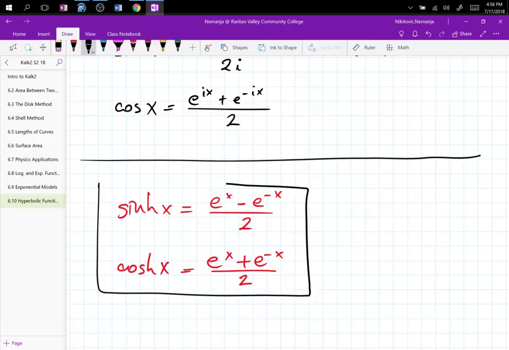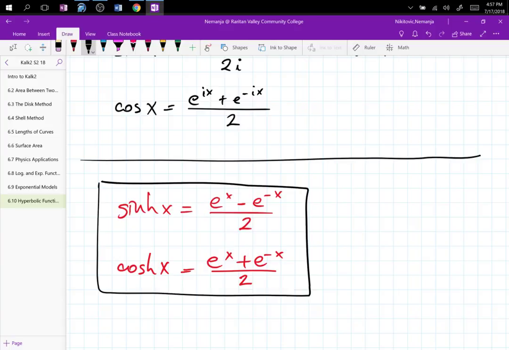So now these are the two definitions that he discovered, and the reason why he called these hyperbolic trig functions is because they behave as if they were trigonometric functions, but they're not.